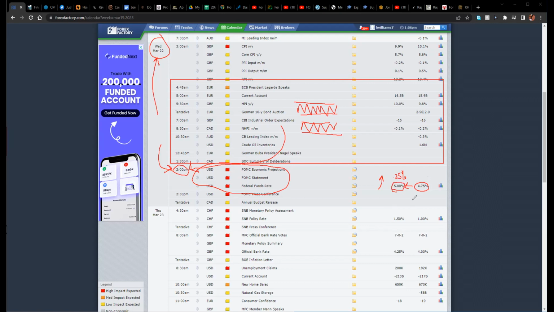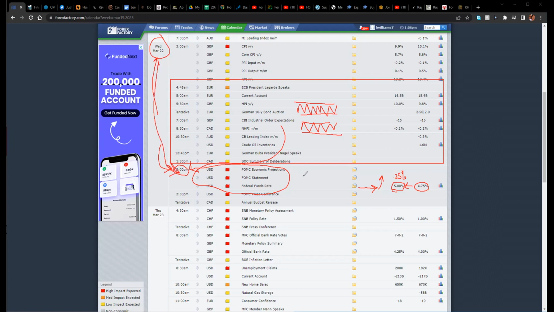CPI, PPI, it's kind of hard to differentiate what's expected from a currency perspective, other than, well, if you get high CPI data, that should be good for the currency. In this particular case, same thing, but we're not going to trade the expectation that says, hey, if 5% happens, we're going to go ahead and buy. Nope, that's not what you're going to do. In fact, you're just going to sit there and watch it.